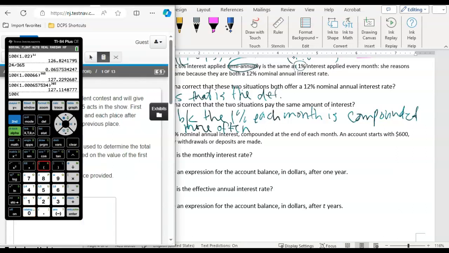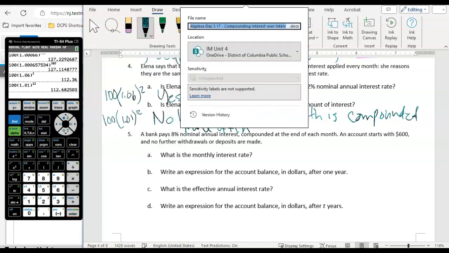We have 100 times 1.06 squared versus 100 times 1.01 to the 12th power, right? This one is going to be a little bit more. So 100 is a pretty small amount, and the percent's pretty small too, but it's still going to be a little bit more if we compound it more frequently.